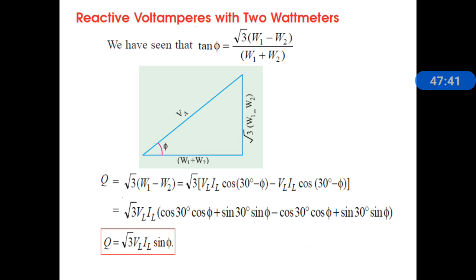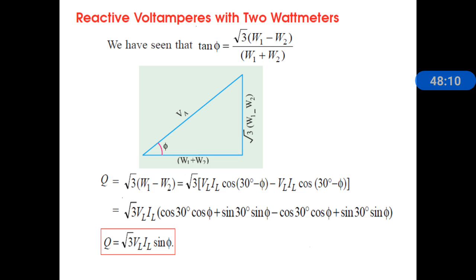Next we are going to discuss how to calculate the reactive volt amperes with the 2 wattmeter method. We earlier discussed that in the 2 wattmeter method, total power is W1 plus W2, and the power factor cos phi we calculated using W1 and W2 values. In the power factor calculation, we got tan phi equal to root 3 (W1 minus W2) divided by (W1 plus W2).